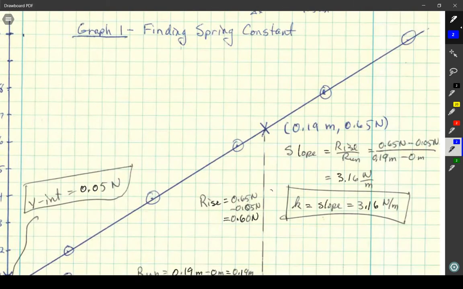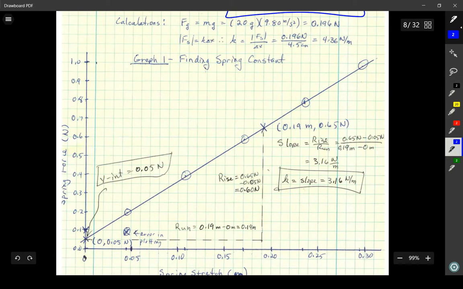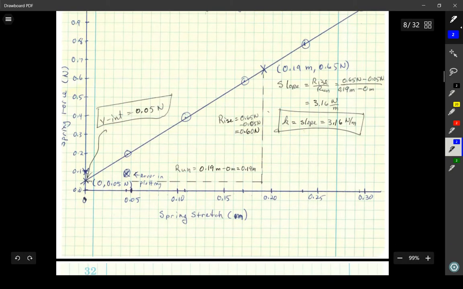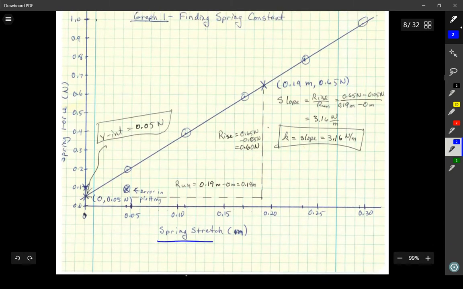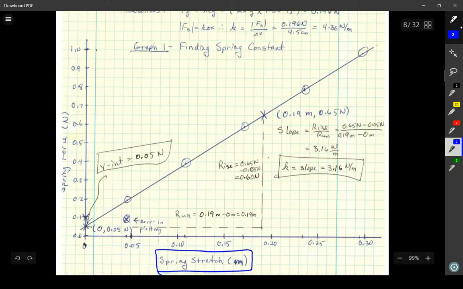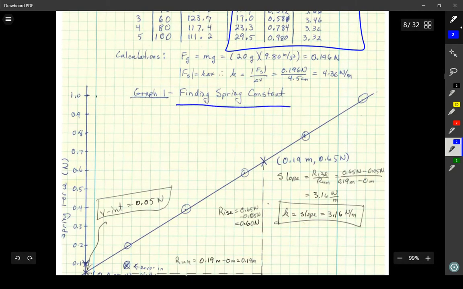Graphs. When you make a graph, I'm not sure if we're doing graphs today, but I'm still covering it. You should have each axis clearly labeled with the units. You should have a title that is actually meaningful.